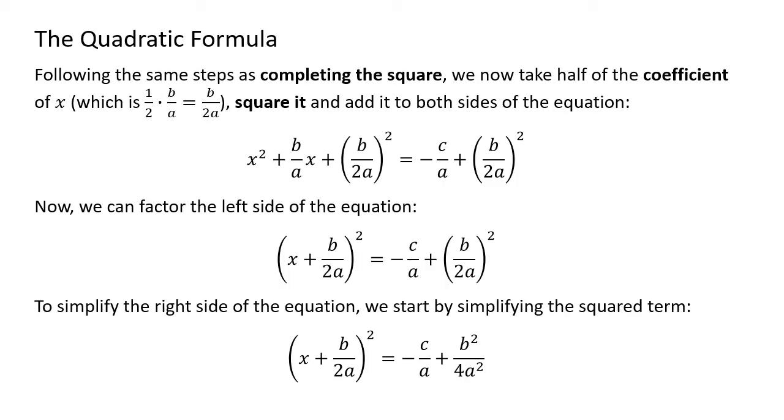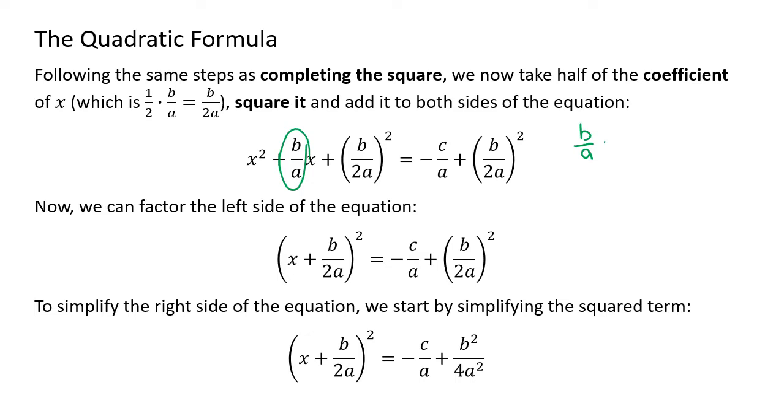So now we're going to do the same thing we had done, which our next step was to take focus on the coefficient behind the x term, which is b divided by a. We're going to take it, b divided by a, and we're going to divide it by 2.